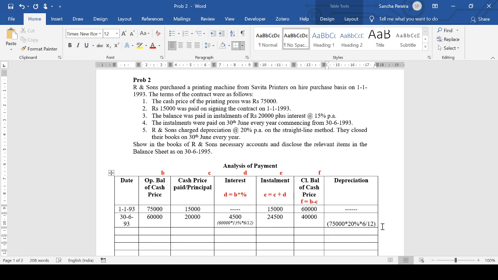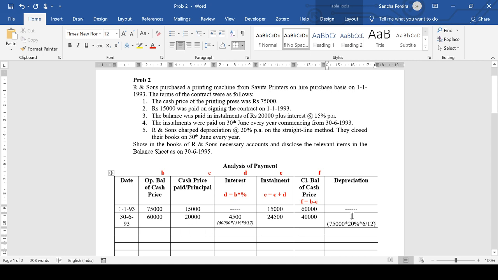And if you do that calculation, I think you will get an amount of 75,000 into 20% into 6 by 12 gives you 7,500.